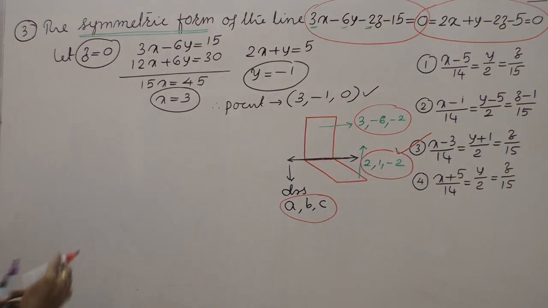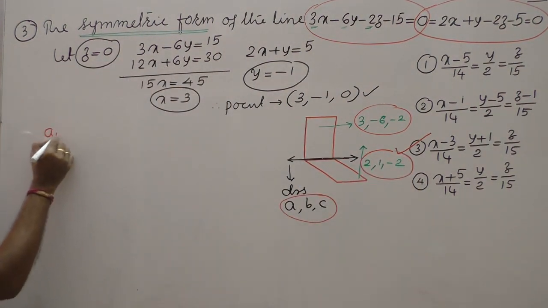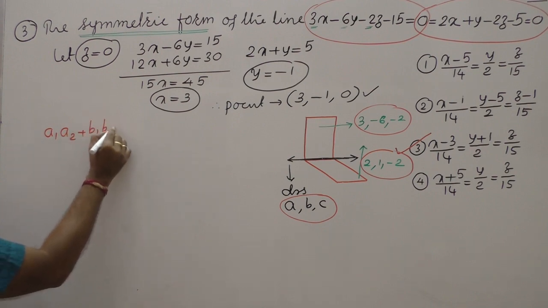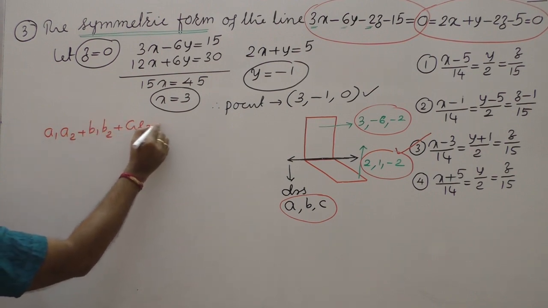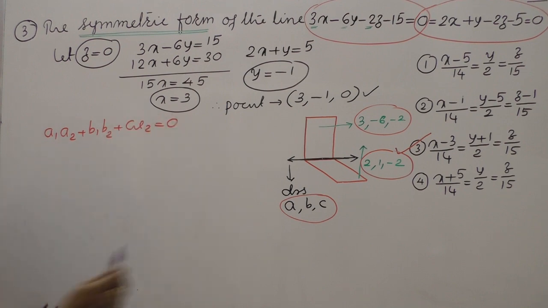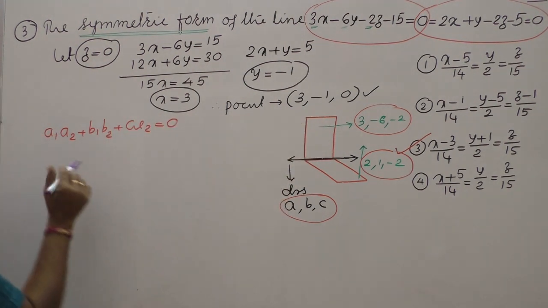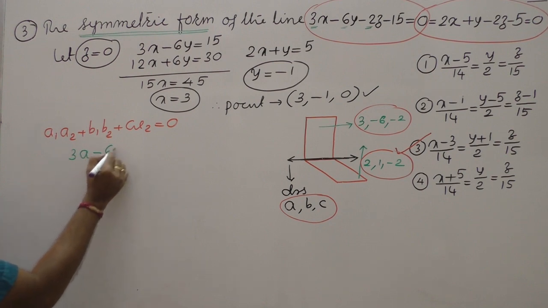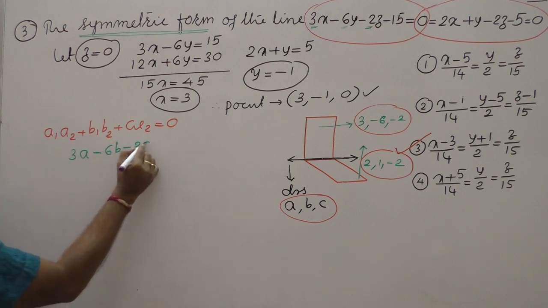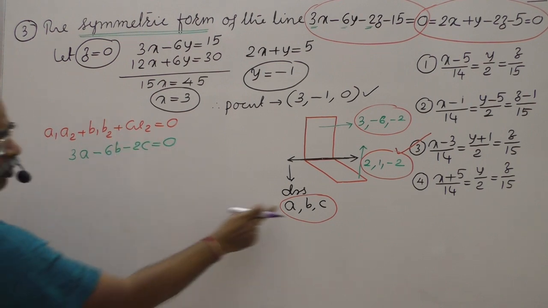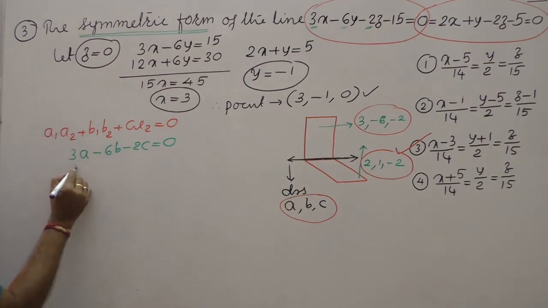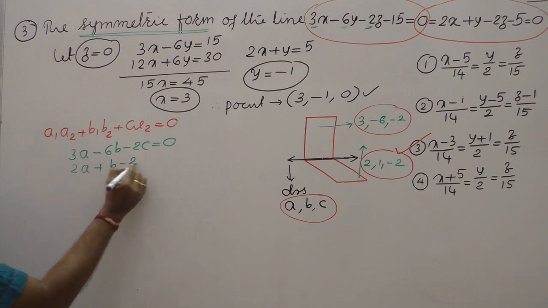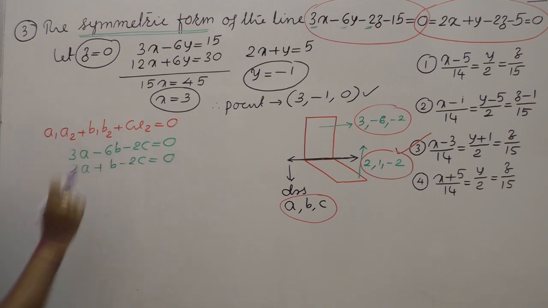If they are perpendicular, they have to satisfy the condition A1 A2 plus B1 B2 plus C1 C2 equal to 0. So taking this and the first one, if I apply this, I will get 3A minus 6B minus 2C equal to 0. This is also perpendicular to this, no? 2A plus B minus 2C equal to 0.